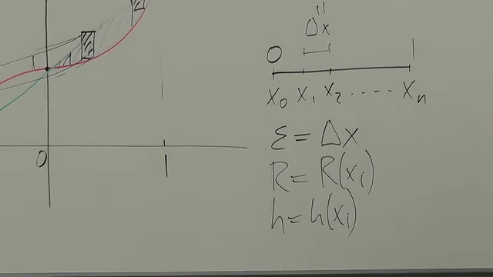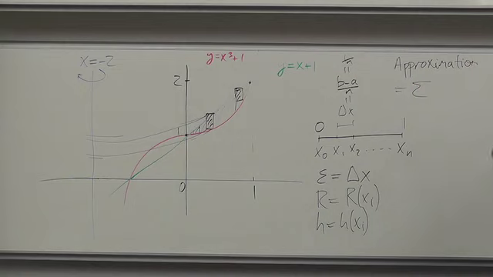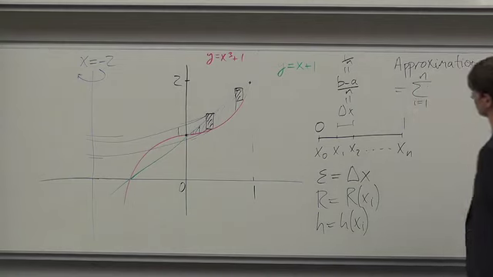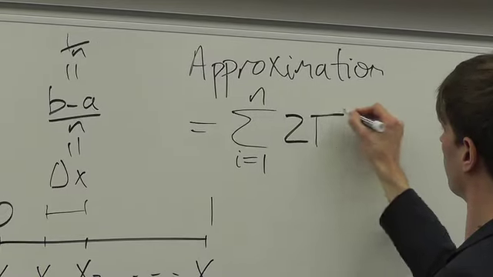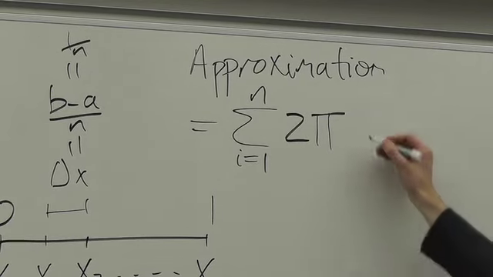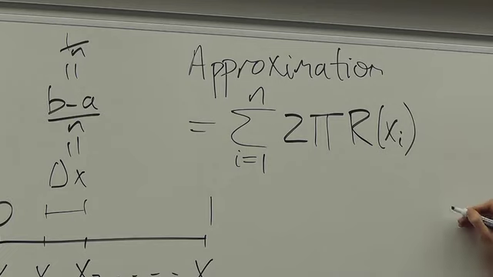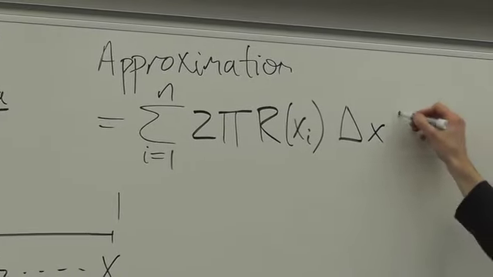So if we're going to write down an approximation, we've got to add up volumes of n of these cylinders, and volumes of the cylinders are like this. That's the circumference, and then I thicken this up by epsilon, it's delta x, and then I multiply by the height.